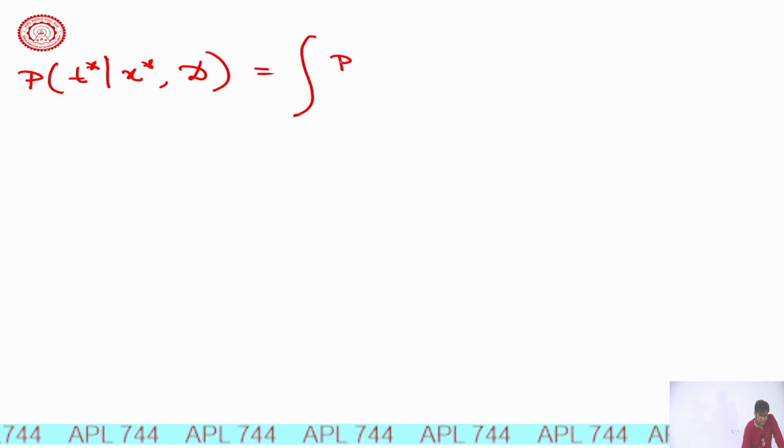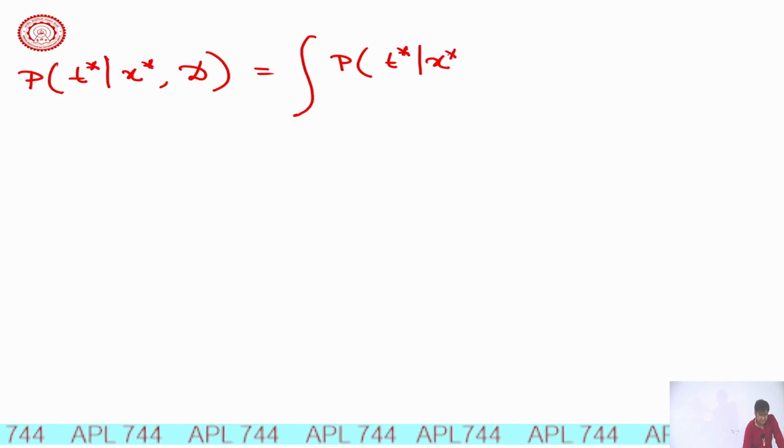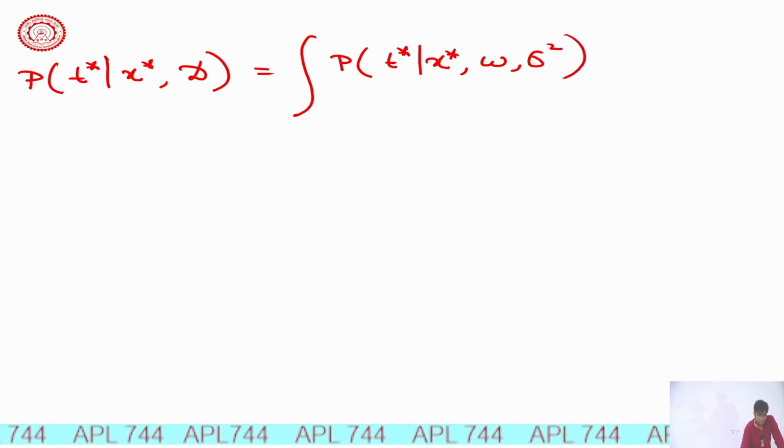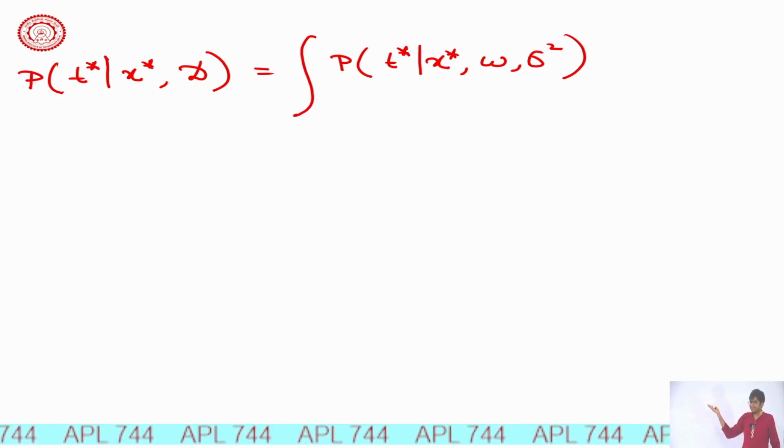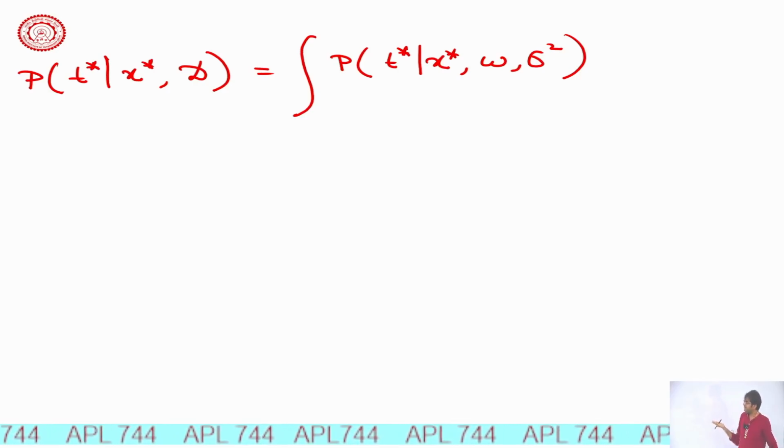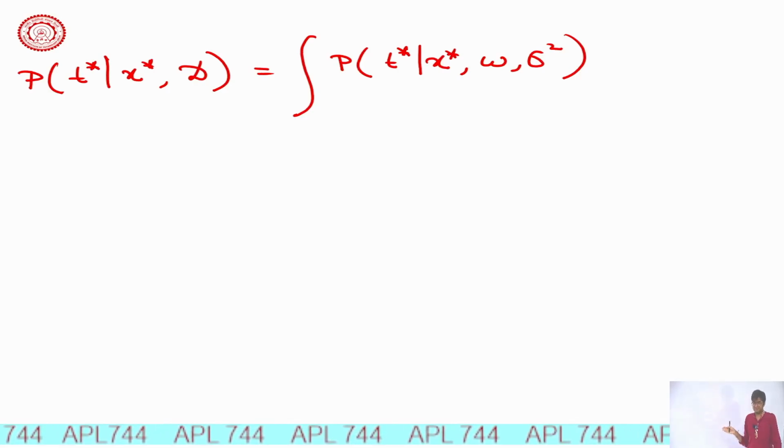This is equal to the integration of the probability of T star given X star comma W comma sigma square. Once I condition on W and sigma square, I need not write data there because they are conditionally independent. If I know W and sigma square, given X star, I can find out T star. So whether I know the data or not does not matter.